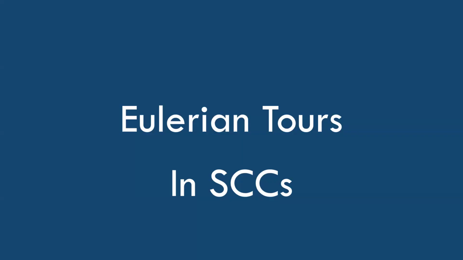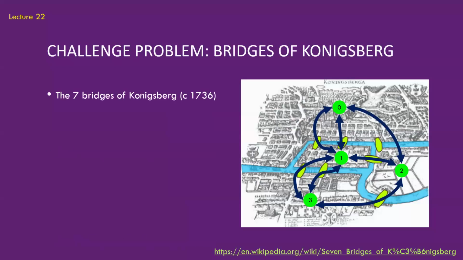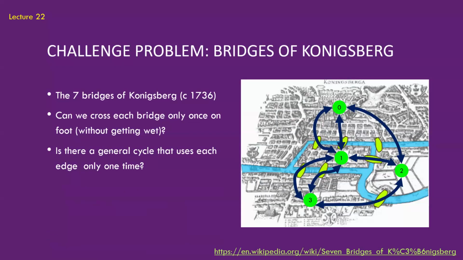So here's the idea. Remember the Cronenberg challenge? Is there a cycle? In an undirected graph where you can go either direction, the rule is pretty simple. If the degree is even for every vertex, then there's an Eulerian cycle in that group of vertices.